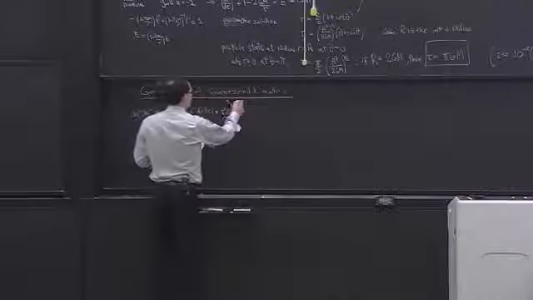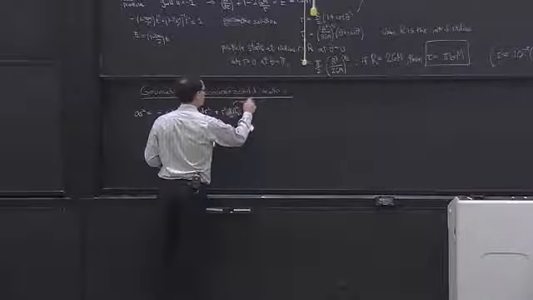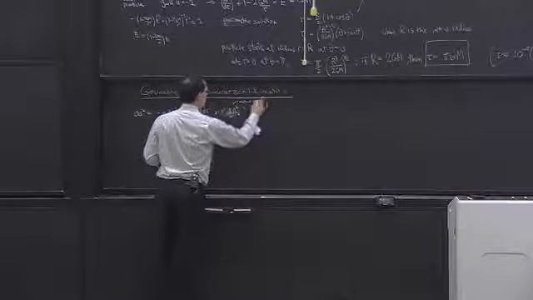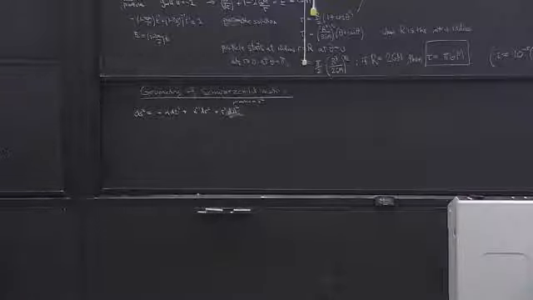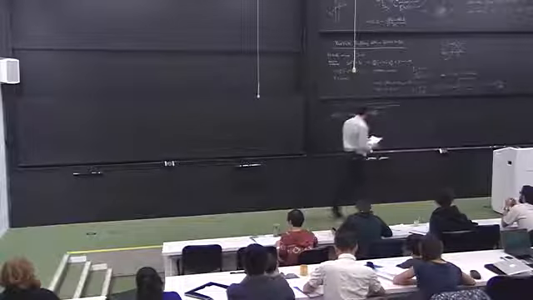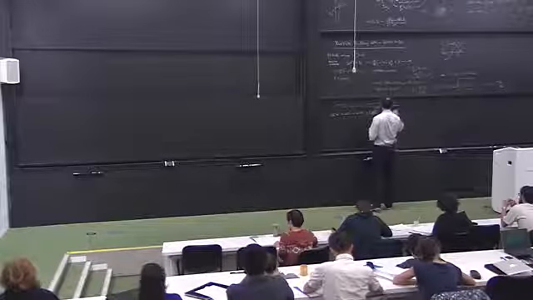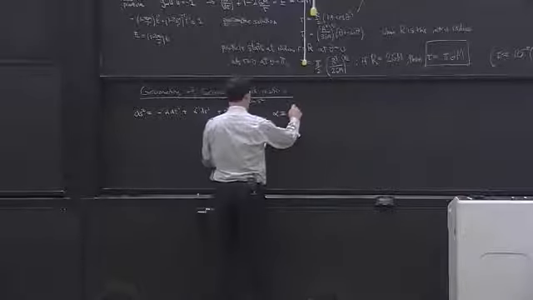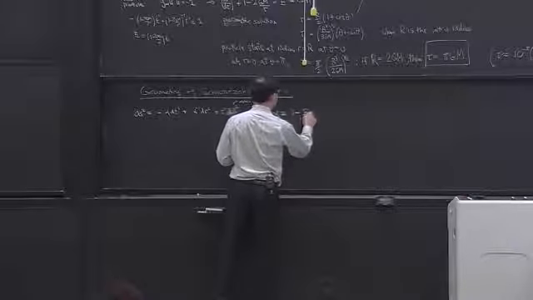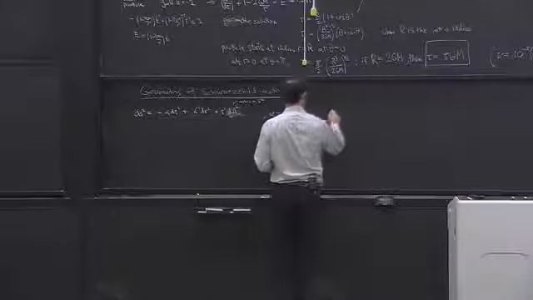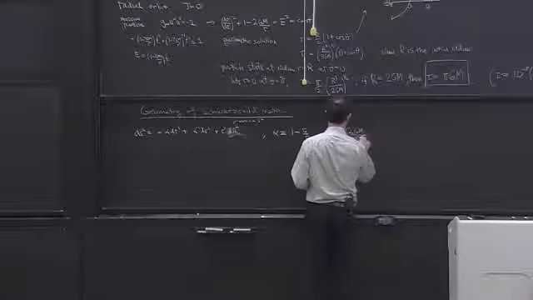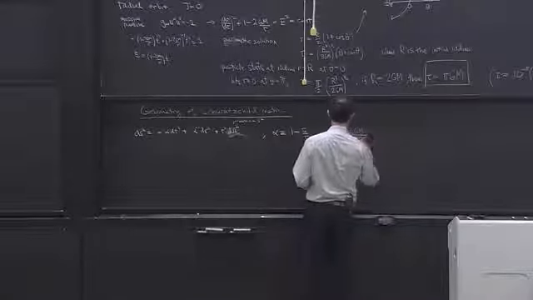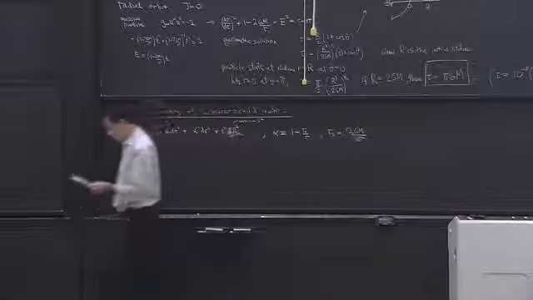That means the metric on a 2-sphere, d theta squared plus sine squared theta d phi squared, where alpha is defined to be 1 minus rs over r, and rs is 2GM over c squared, the Schwarzschild radius.